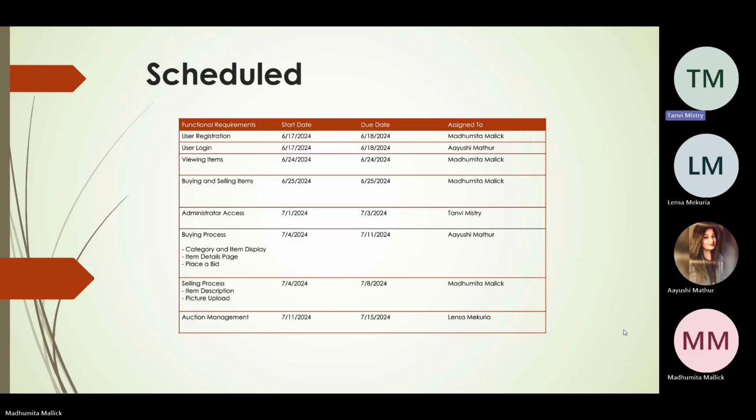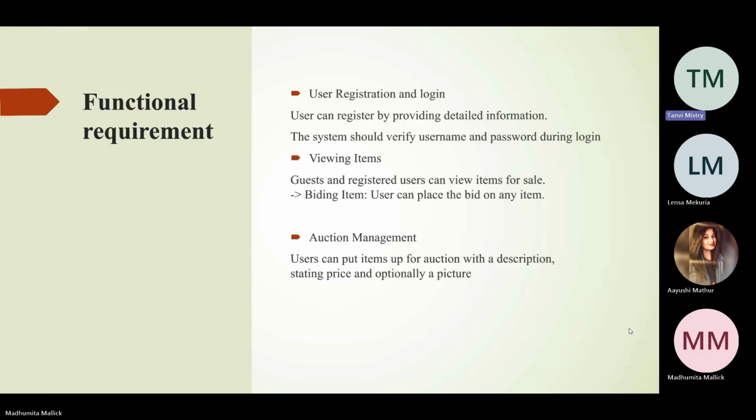Schedule is a functional requirement, with start date and due date by assigning the name. This is the type shown in the demo. Functional requirement, user register and login: users can register by providing detailed information, and the system should verify the username and password during login.